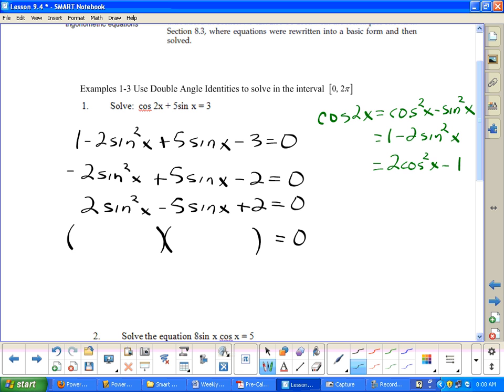So what do I get when I factor this? And if you need to do substitution, think about it. Here we have 2x squared minus 5x plus 2. What do I get when I factor that? You need a negative 4 and a negative 1, so both of these have to be negative. And how do I get 4 and 1?